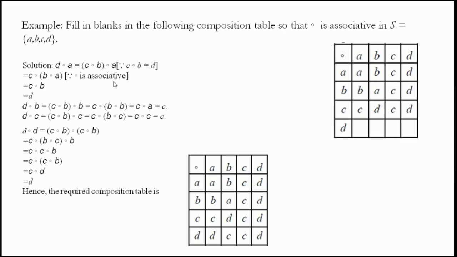But some questions will be like this: two elements are given which belong to a particular set, one binary operator is applied on those two elements, and they give you the resultant expression. With that expression, you need to prove whether it is associative, commutative or distributive. Clear? This is the way you are supposed to prove it.